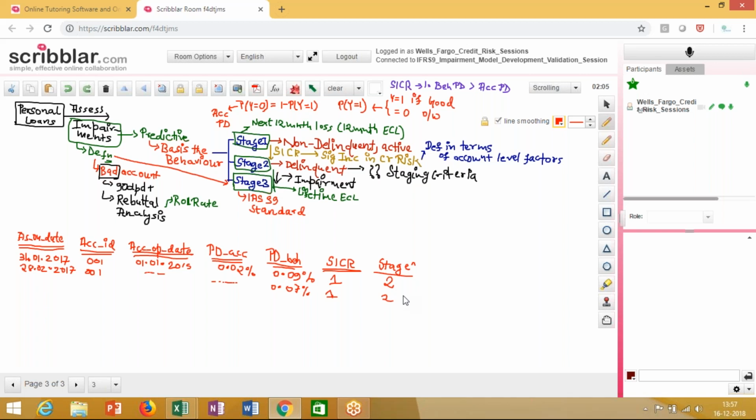Because if two PD measures are generated from two different models and there are differences in the bad definitions and in the performance definitions, then there can be an inconsistency which also needs to be taken care of. So we'll start with the question of how to solve this problem if it arises, and second, what would be alternate measures of SICR. This is what we will start with in the next session.